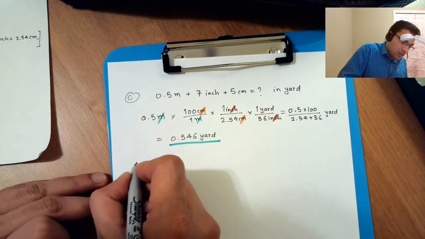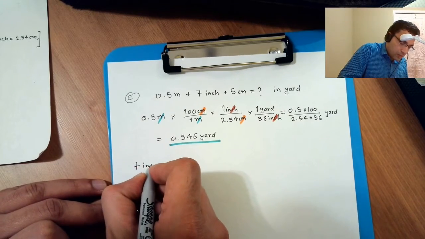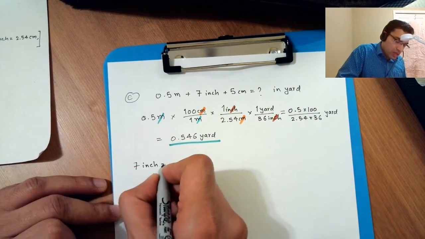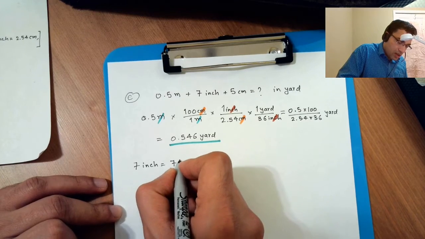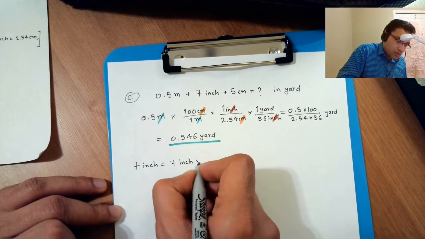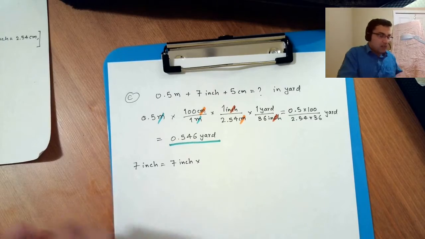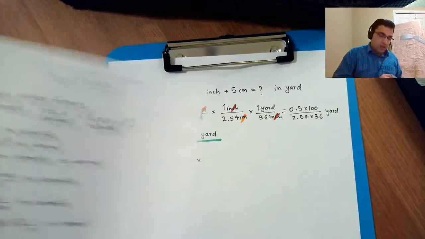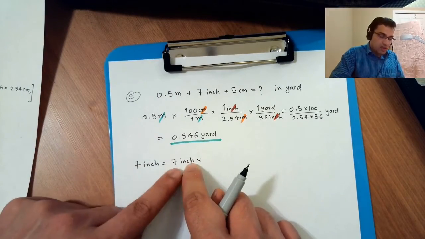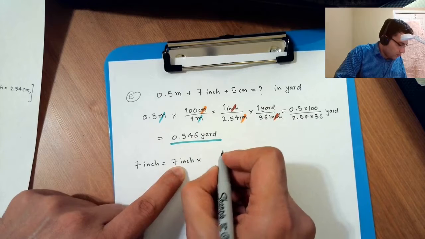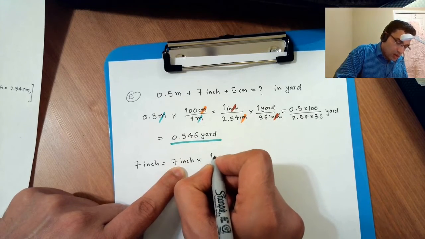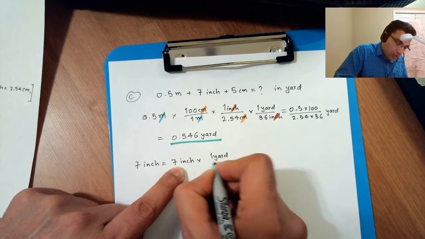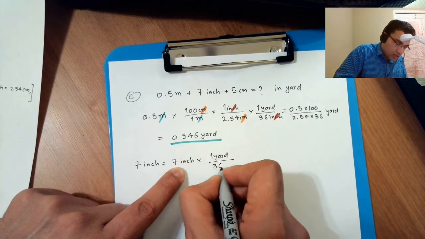Next is 7 inch. 7 inch equals 7 inch times, I want to get rid of inch and somehow get to yard. I have this one here, inch to yard. So get rid of inch and insert yard. That would be 1 yard divided by 36 inch.